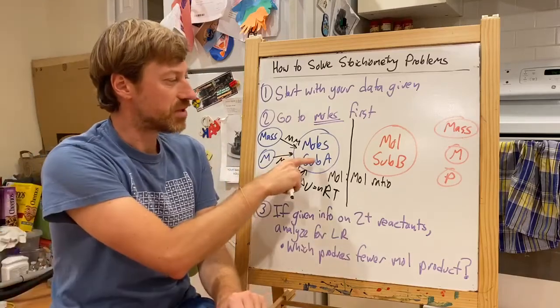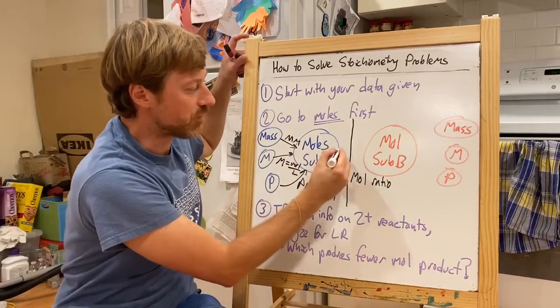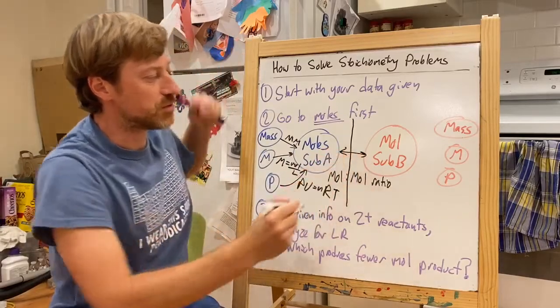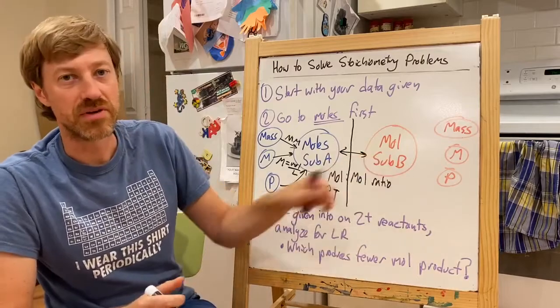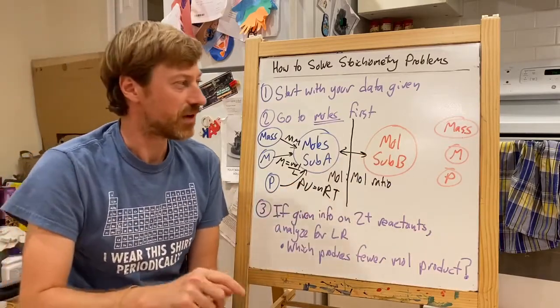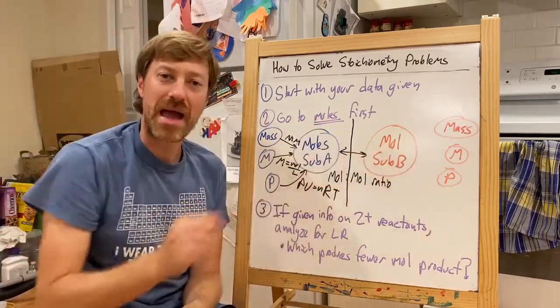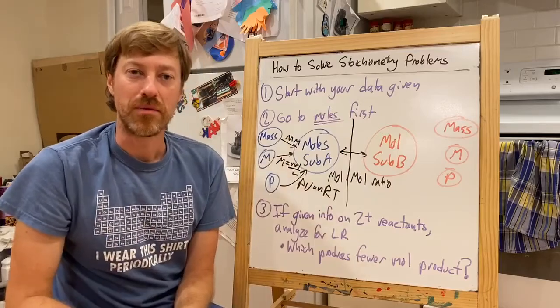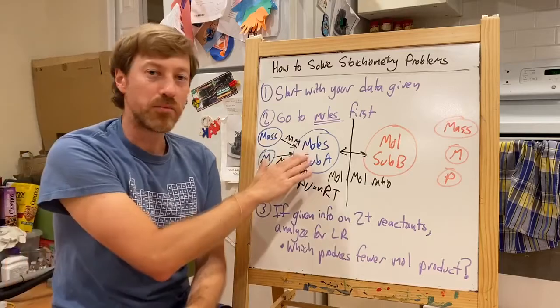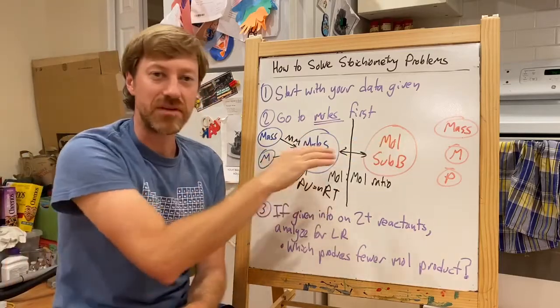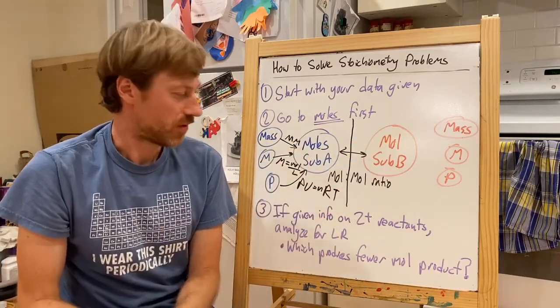You go to moles of one substance. Using the mole-to-mole ratio, you can go to moles of another substance, okay? And of course, once you're in moles of another substance, that's when you can figure out other information, maybe the mass, maybe the molarity, or maybe the pressure of that other substance, okay? But the key thing is you've got to go to moles in order to do any of these other things that you want to do, all right?